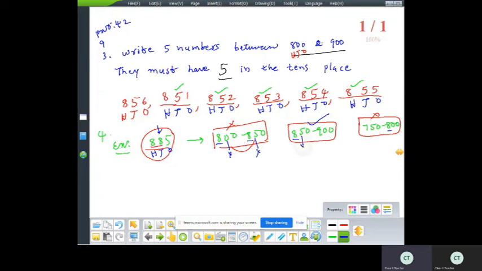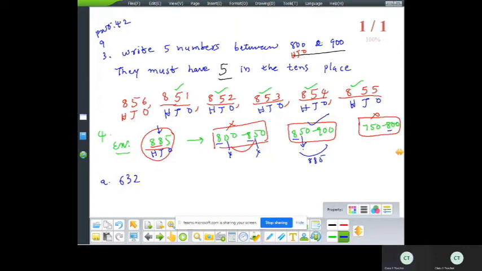Here 5, it is nearest to 8. Means 850. 885: we count numbers from 850 to 900. You will get 885 in between 850 to 900. It is one more solution.